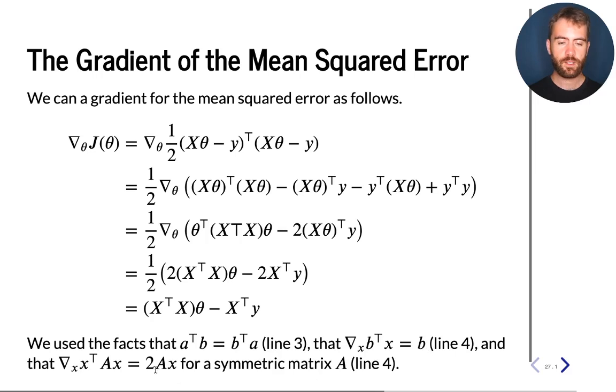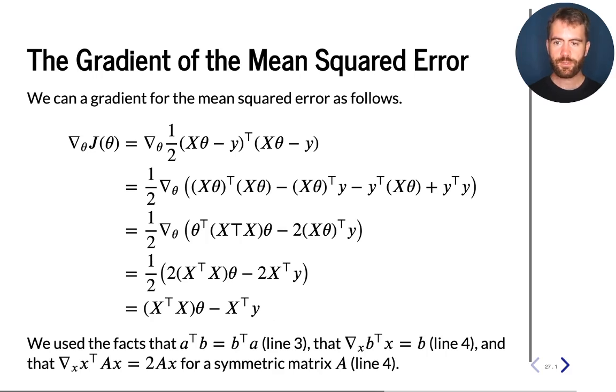Hence this holds. A really similar exercise can be used to show that the gradient of an expression of this form equals this, again by writing out the partial derivatives explicitly. Applying these two identities in this line, we obtain the following line. Then the twos cancel out, and we have the following expression for the gradient of the mean squared error in a vectorized form.